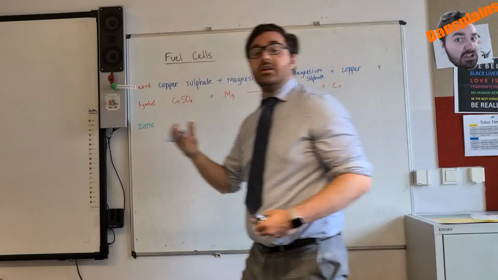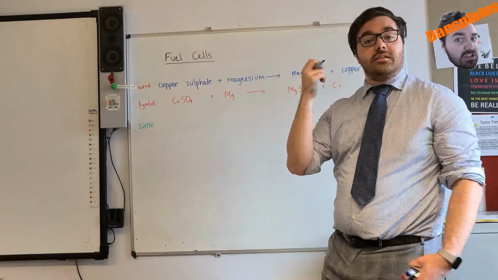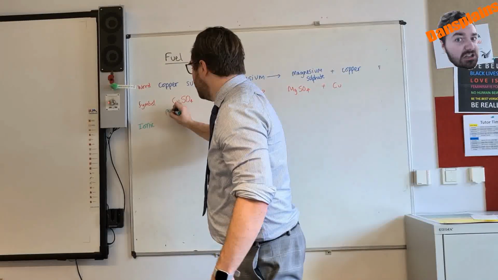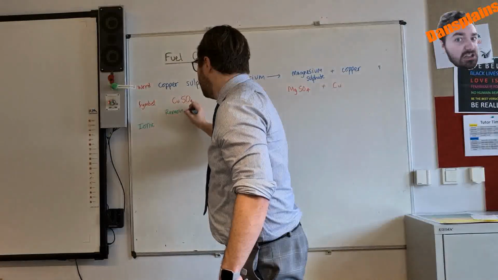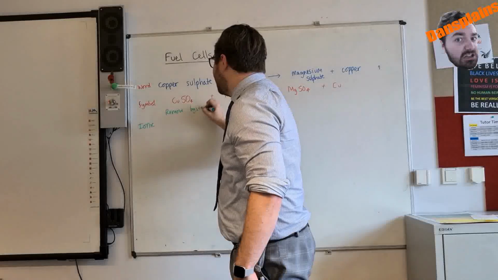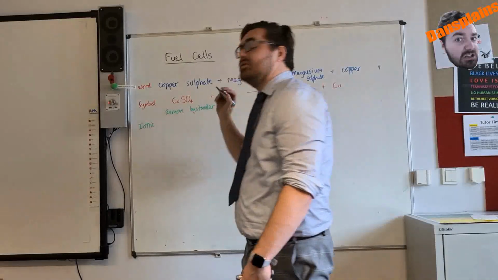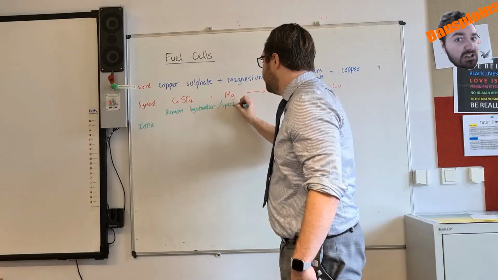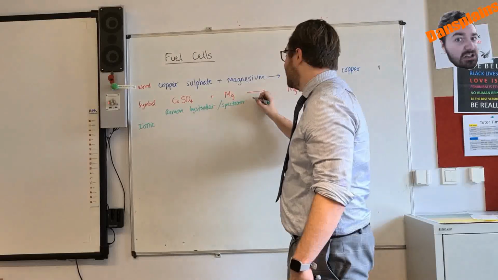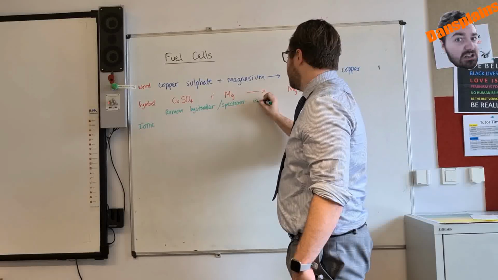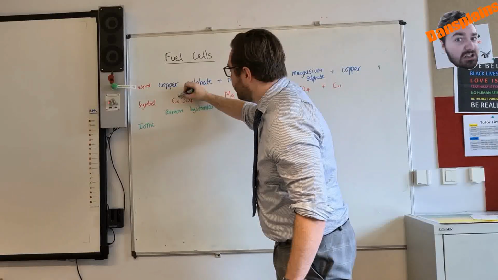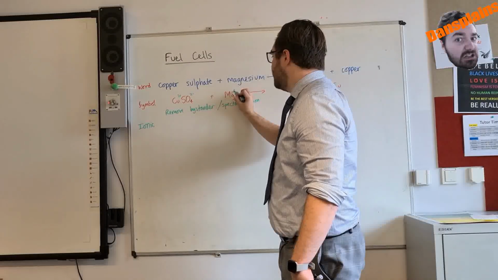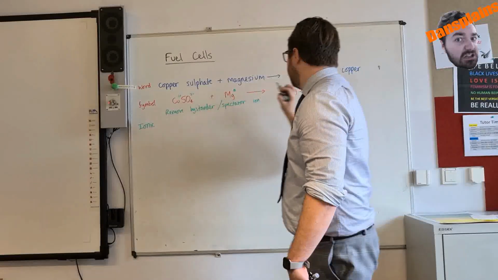Now, an ionic equation is effectively where I remove anything that is a bystander ion. So I'm going to remove the bystander, that is anything that doesn't change its charge, or spectator ion. If I look at this, copper starts off as 2+. Sulfate is 2-. Magnesium is 0.